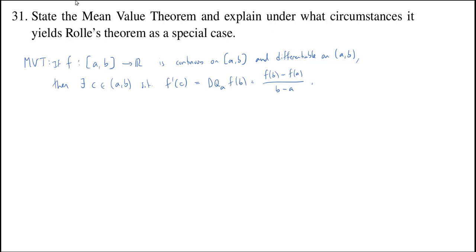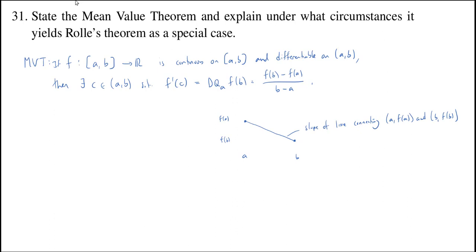And you recall if we have here A and B, and this is f of B, and this is f of A, then of course the right-hand side, this difference quotient, is the slope of the line connecting A comma f of A and B comma f of B.